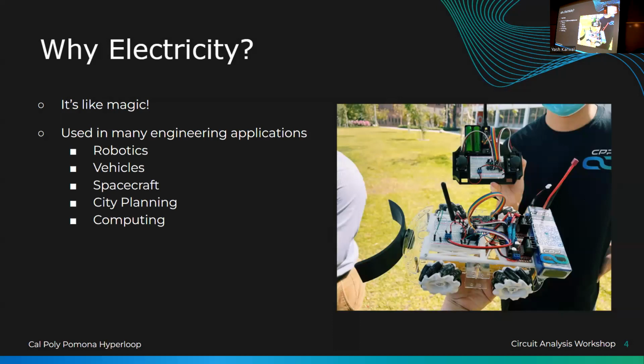That means the potential energy from one point of a wire to another will be constant, if we don't account for any friction. Electricity is also used for many engineering applications, like robotics, vehicles, spacecraft, data planning, and computing.